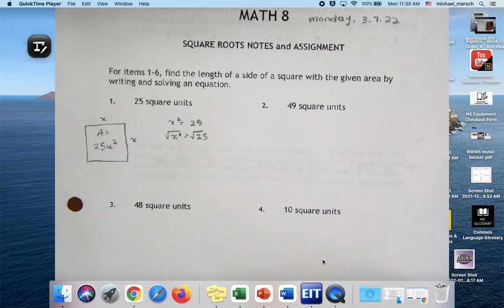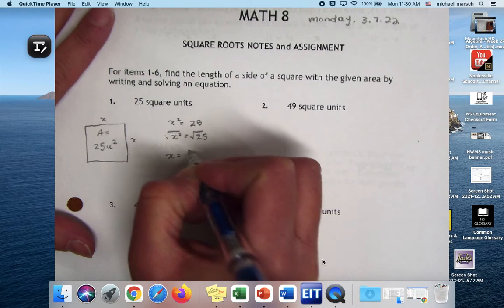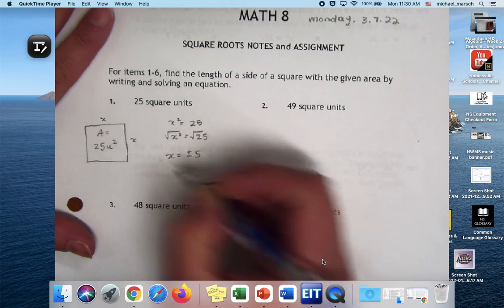And then my answer, this is going to be a little bit different because we haven't talked too much about this. What can I multiply to make 25? 5 and 5. Okay, 5 times 5 equals 25. What does negative 5 times negative 5 equal? Positive 25. So my answer here could be positive or negative 5.